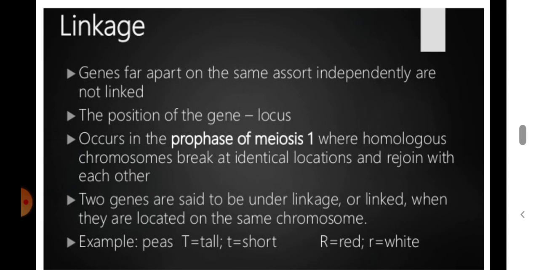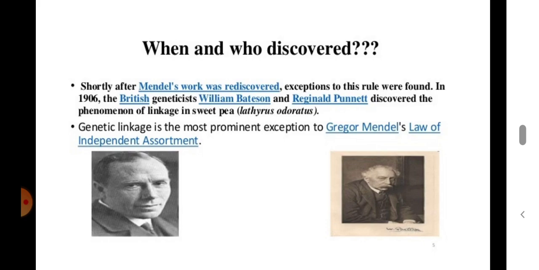The crossing over occurs in the prophase of meiosis 1, where homologous chromosomes break at identical locations and rejoin with each other. Two genes are said to be under linkage, or linked, when they are located on the same chromosome. Example: T tall, t short, R red and r white.